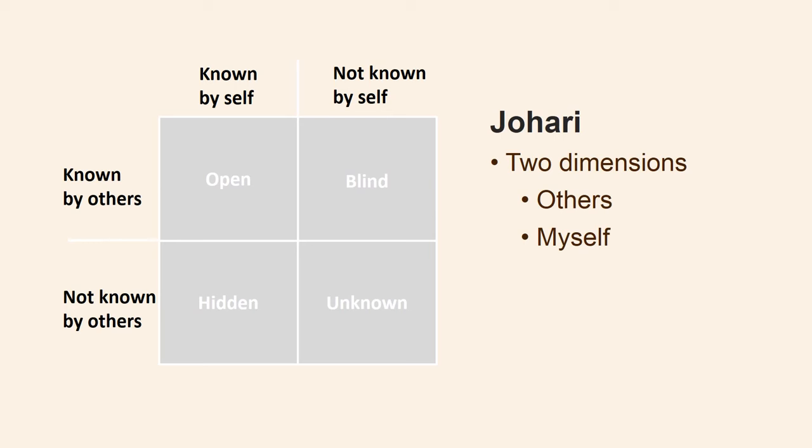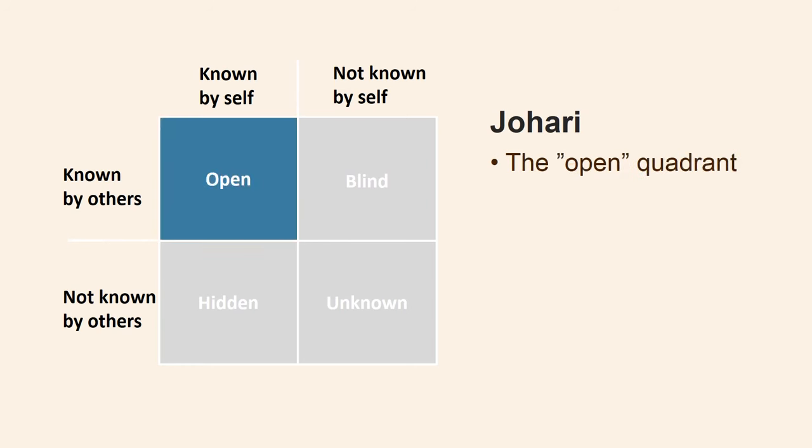From the 2 dimensions, myself and others, appear 4 quadrants. The lines dividing the 4 quadrants are like window shades. They can move as an interaction progresses. The open quadrant is what is known by myself and known by others.